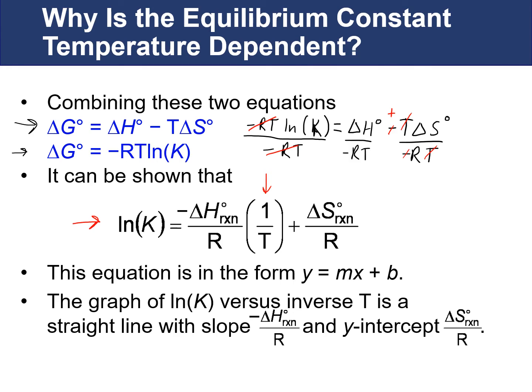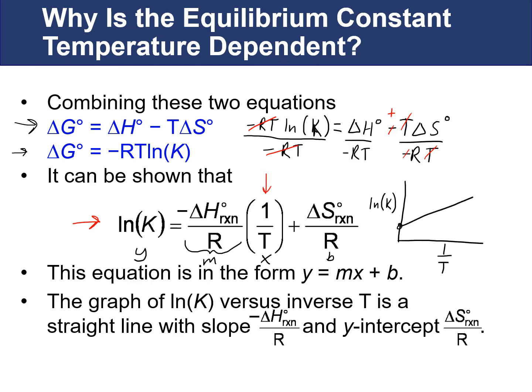So if we plot on our y-axis the ln K, then our term here, these are all constants, this would be our m, this value here, the 1 over T would be our x, and then this, the delta S naught over R, would be our b. So if we plot our graph of 1 over temperature on the x-axis and the natural log of K, depending on the sign of our delta H, we would get a line.